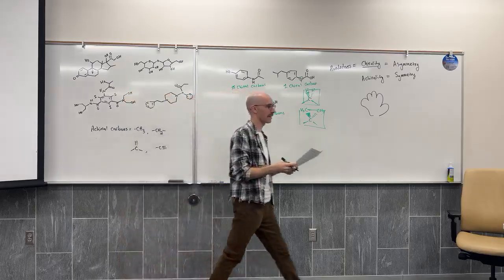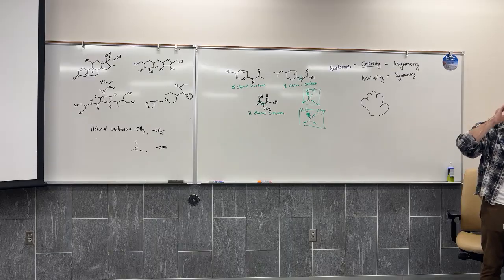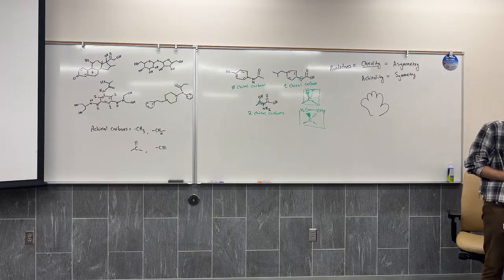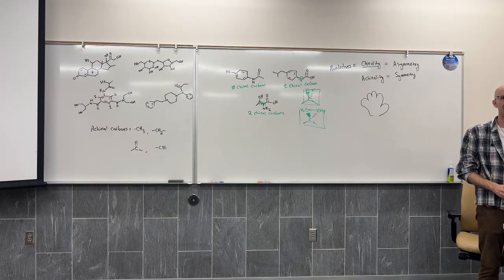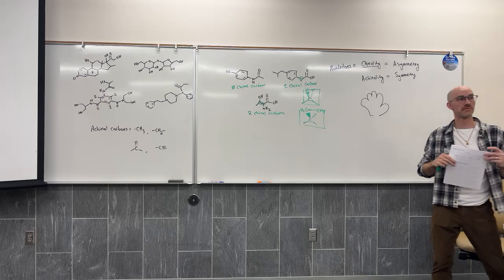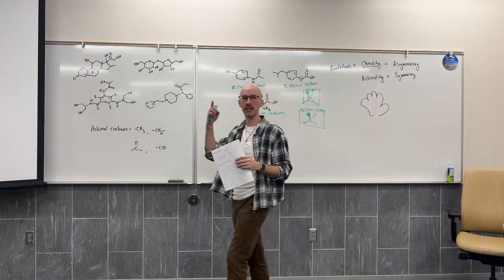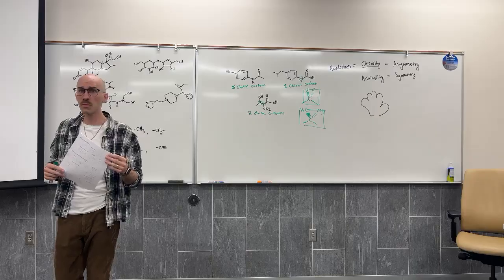All right, let's come back together and decide on how many chiral carbons we see on each. Dexamethasone. By the way, does anybody know what this does? It's a steroid. They use it for altitude sickness.